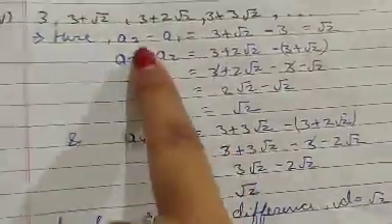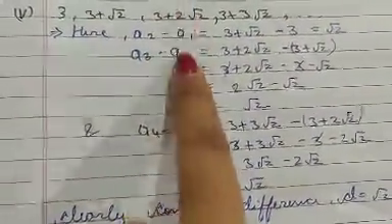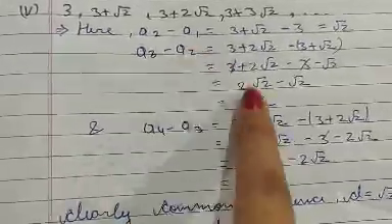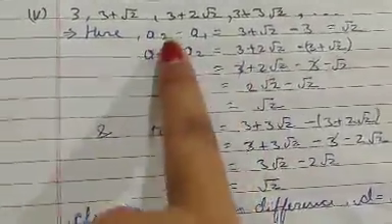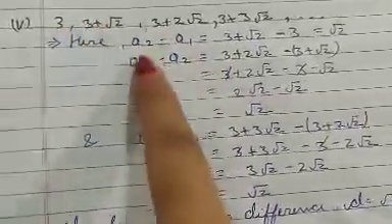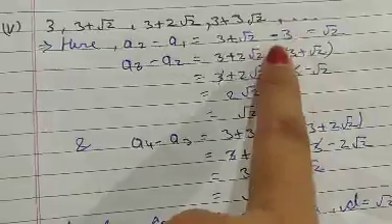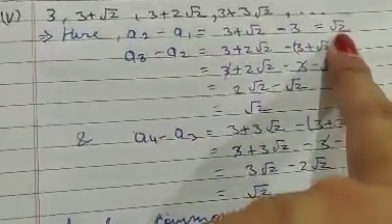First of all, to check whether this is an AP or not, we have to find the difference between each two terms. So a2 minus a1: this is a2 and this is a1. a2 minus a1 is 3 plus root 2 minus 3. The plus 3 and minus 3 cancel out, the difference is root 2.